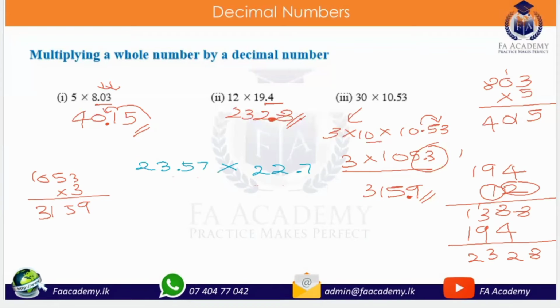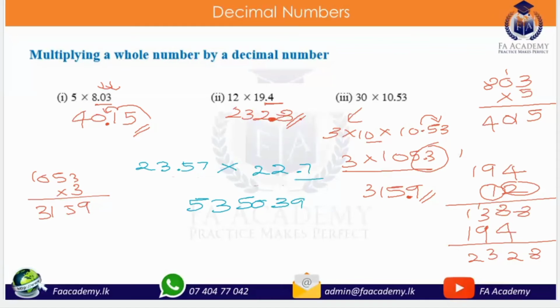So you can do that multiplication separately on paper. You have to work it out. So then you get the answer 535,039. This is what you get.